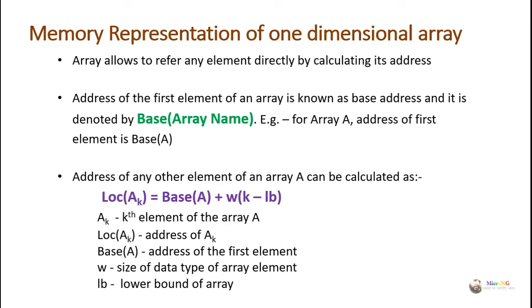So address of any kth position element can be calculated as location of A[K] equals base of A plus W into K minus LB. Base of A is the address of first element, W is the size of every element of the array, K is the index we are calculating, and LB is the lower bound of the array.